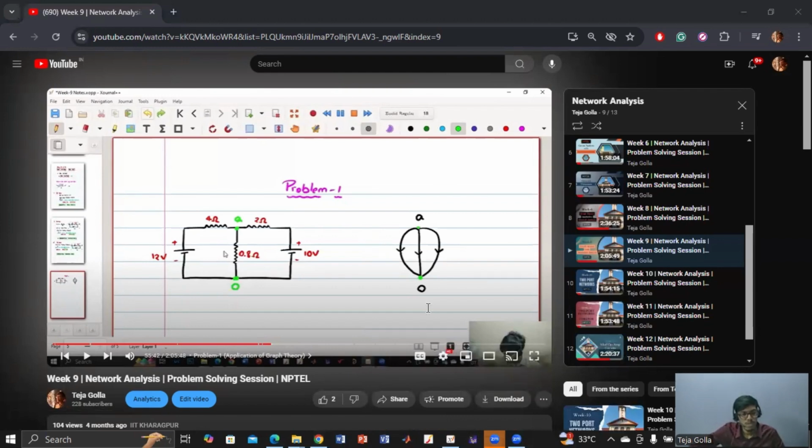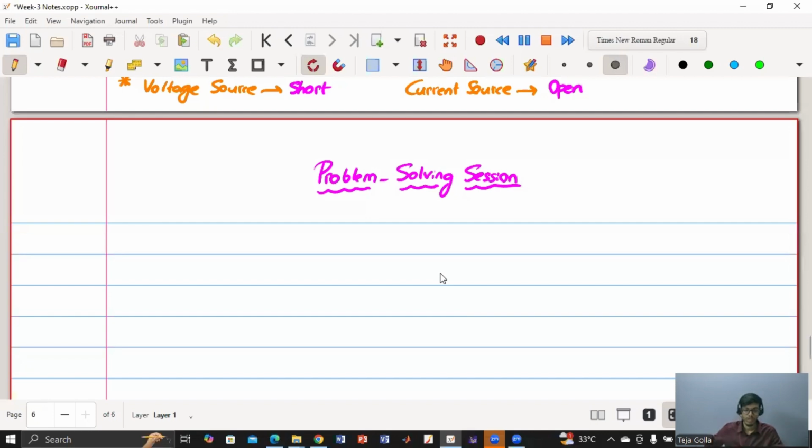One more question, sir. Graph theory, can we skip? Graph theory is the most important topic in circuit theory. It is not just limited to electrical, it has applications in other domains like computer science as well. So it is one of the most important theories that one should learn, and you can spend time if you think it is a little bit difficult.